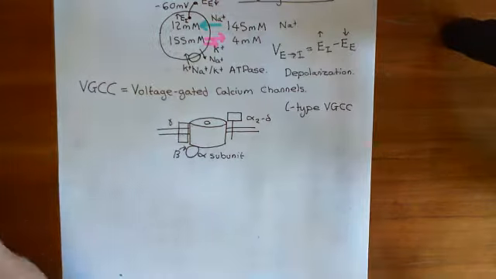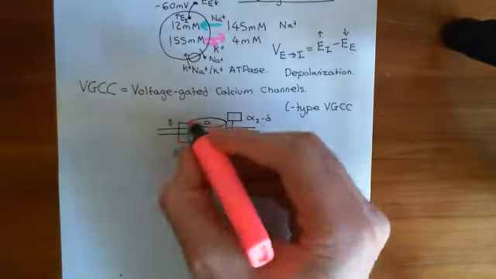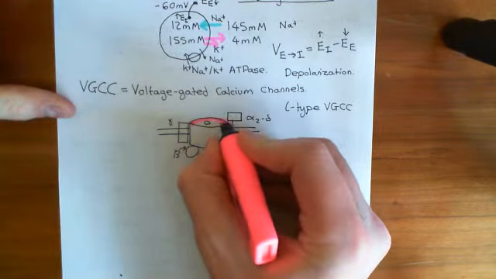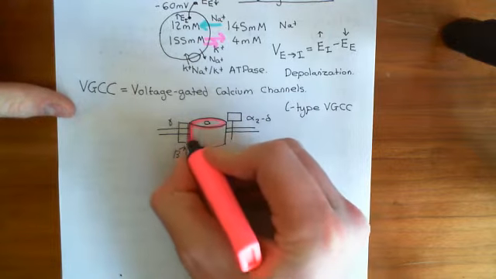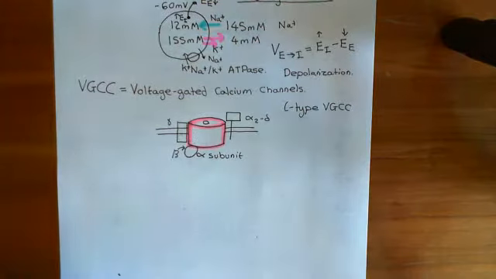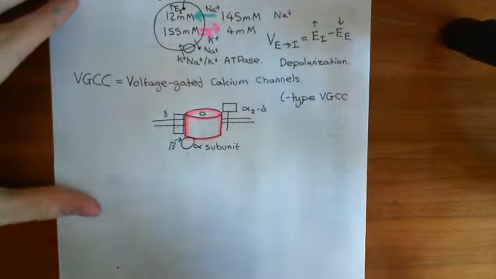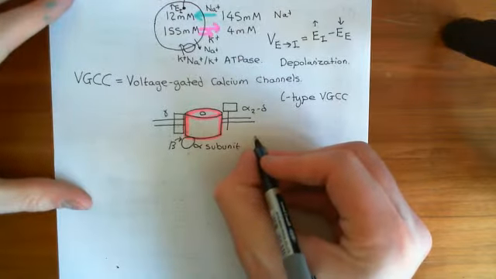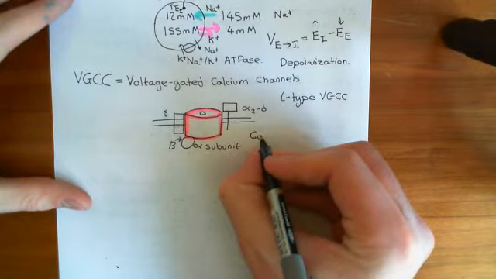It refers completely to the type of alpha subunit that you have, the most important subunit of the voltage-gated calcium channel. Basically there is not just one alpha subunit. There are in fact 10 different alpha subunits, and these are split into 3 separate families.